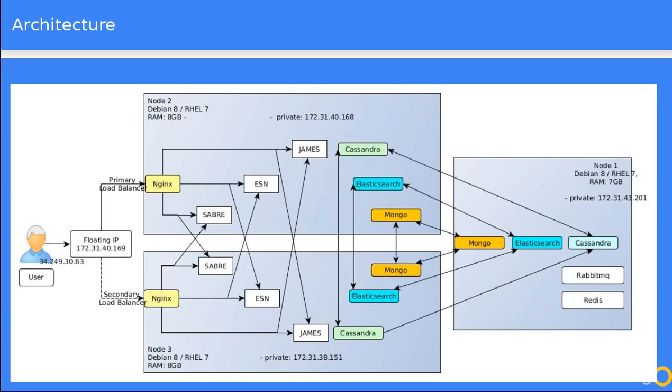Okay, so I use Nginx for load balancing. I will demo for OpenPaaS. For OpenPaaS, we have two OpenPaaS nodes, and Nginx will forward requests by the round robin algorithm.